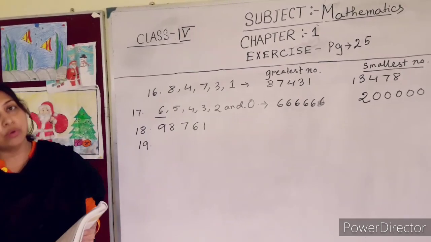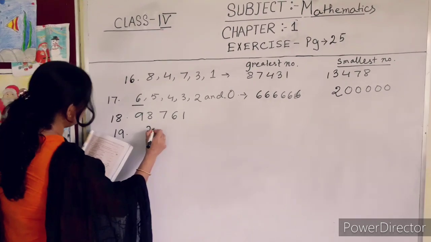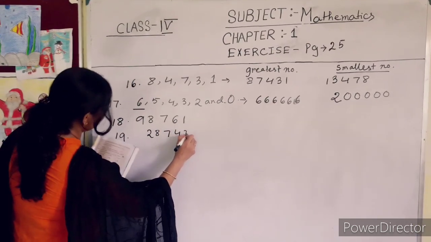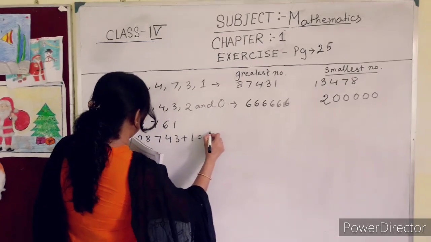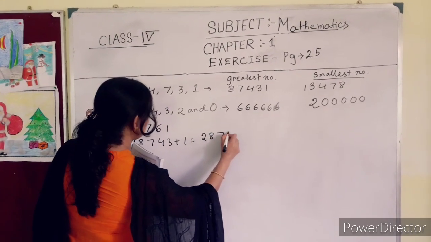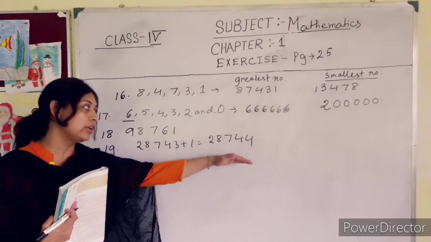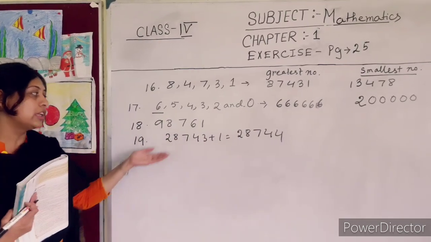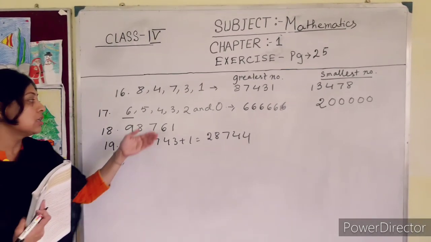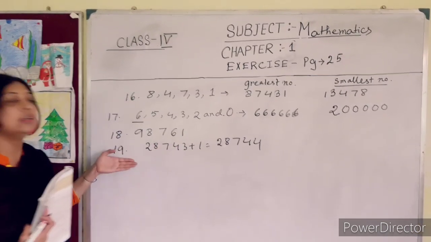When you add 1 to this number, you will get your answer: 28744. Clear? When you form the smallest number more than whatever number is given, you just add 1 to the number.